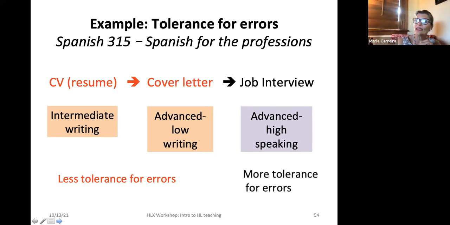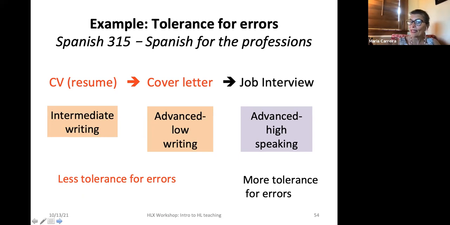On the other hand, for the job interview, I have a lot more tolerance for errors, because they have to use strategies to compensate for things that they may not know how to say on the spot. And also because they may lack some vocabulary, and there might be something so complicated that they haven't thought about it ahead of time.